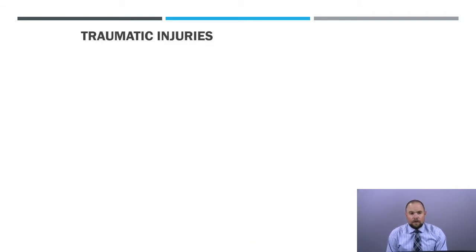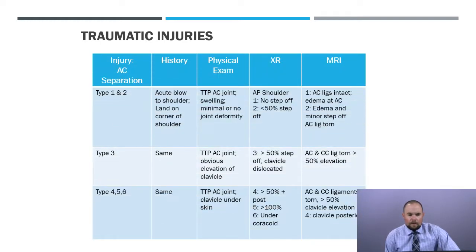So we'll start talking now about some injuries. I've divided these up into traumatic versus overuse type injuries to try to better help understand injury mechanisms and reasons for pain. The first injury we'll talk about would be the AC separation or shoulder separation.